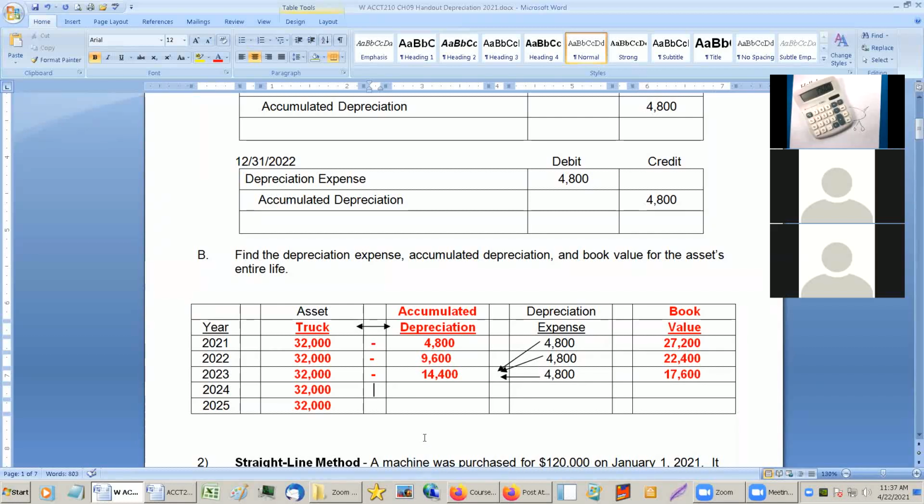And we'll just keep going. If you think about this, it will just be whatever we have right here for the accumulated depreciation plus 4,800 every single year. So you just keep adding 4,800 to it. So 14,400 plus 4,800 is.